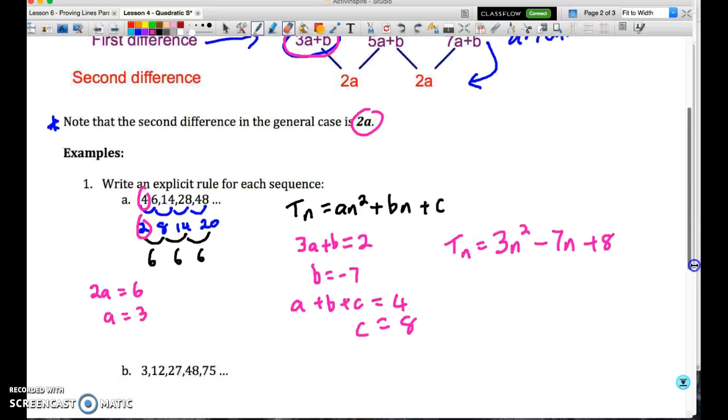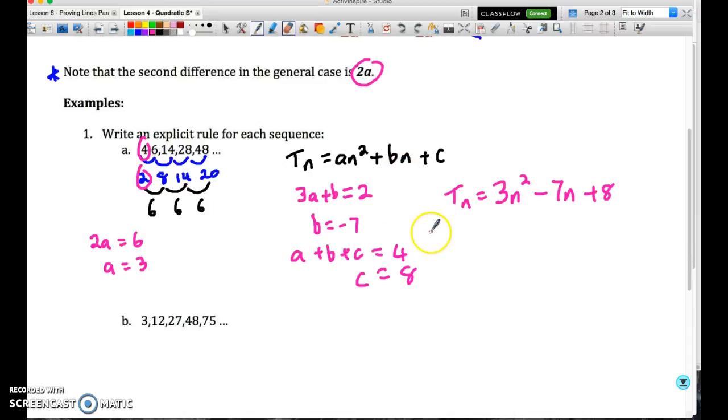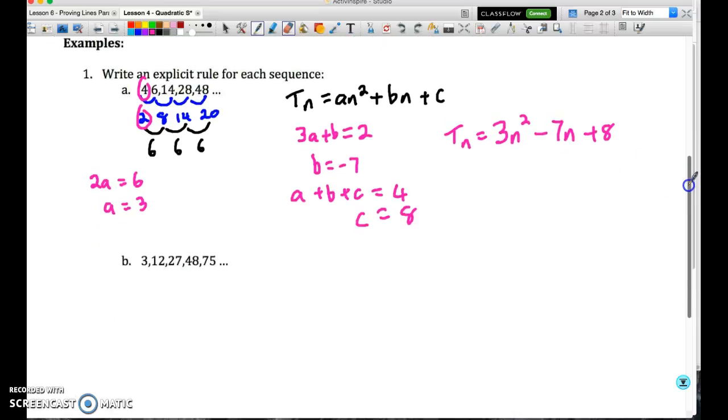Okay, and what you might want to do in an instance like this, you might want to substitute in an n value in here, let's say n equals 2, and we want to make sure that if we substituted in n equals 2, that it would produce the numerical value 6, and that's just to ensure that our formula works. Okay, so here we have example 1b.